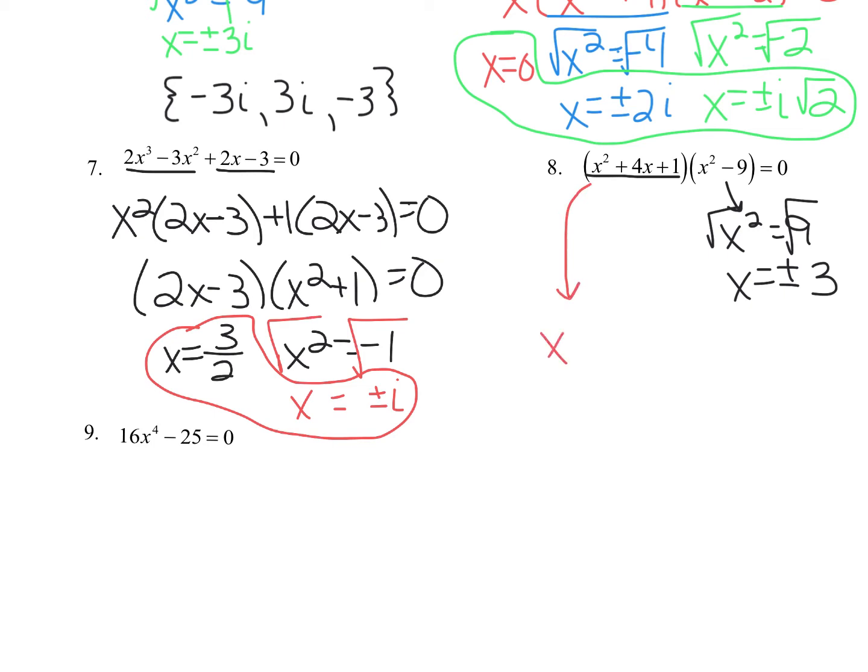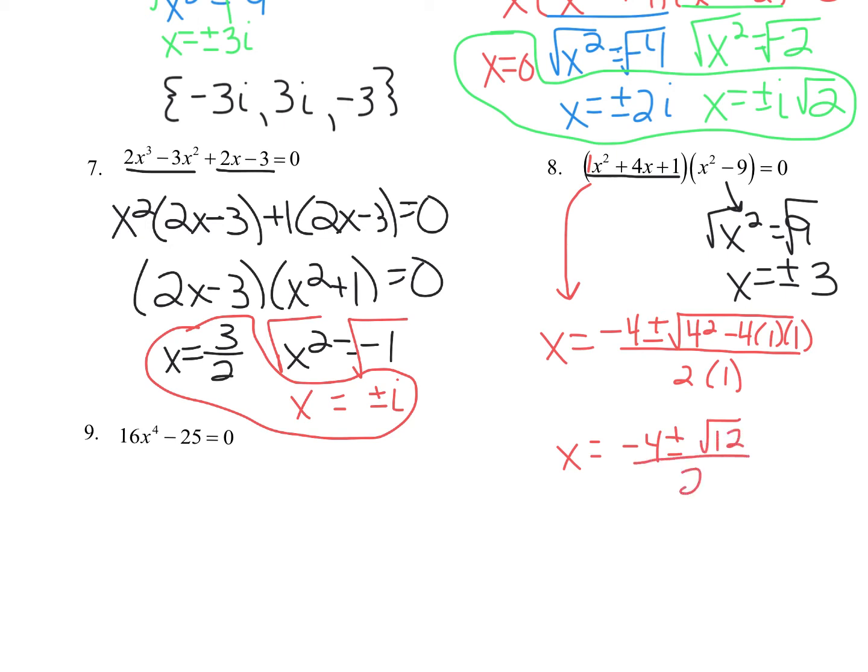Our quadratic formula is negative b, so negative 4, plus or minus the square root of 4 squared minus 4 times a times c, right? Our a is 1 and our c is 1, all over 2a. So this is negative 4 plus or minus, this is 16 minus 4, so it's radical 12 over 2.